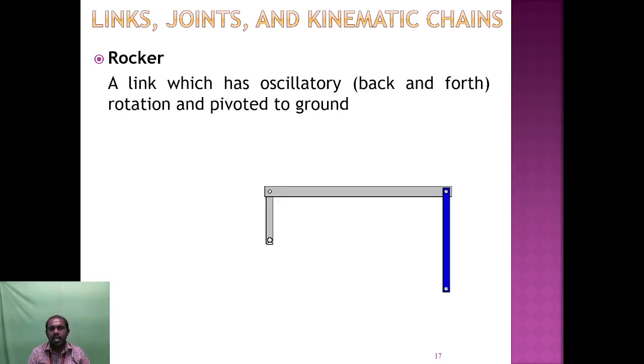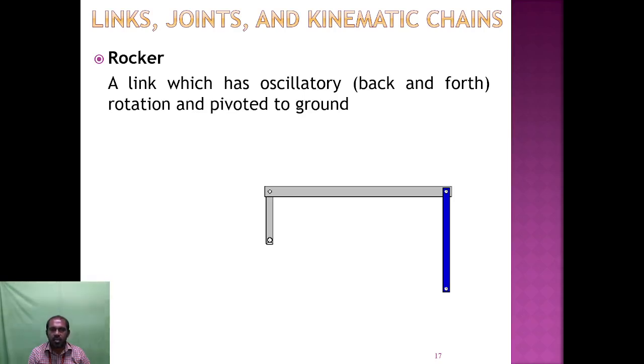Rocker means the link has a back and forth rotation and is pivoted. Here the blue link is grounded and fixed, and the other links are L2 and L3. L3 is a rotating crank making one revolution, but L2 does not rotate fully; it oscillates about its grounded axis.